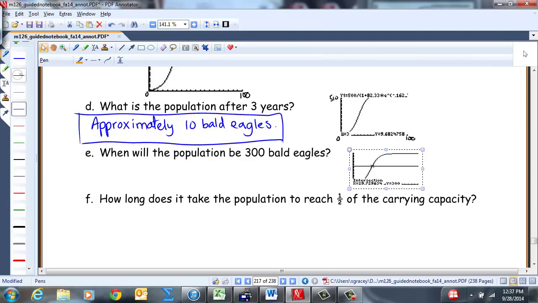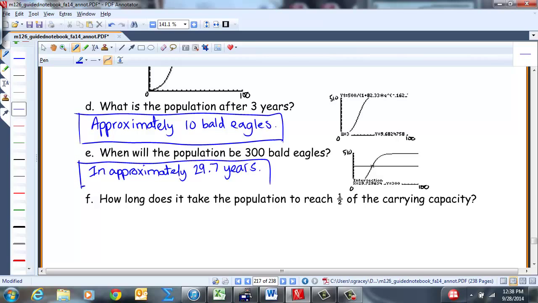Same scale again. We have our intersection, and we can do partial time, so in approximately 29.7 years we'll have 300 bald eagles.